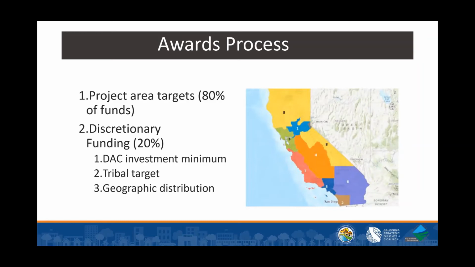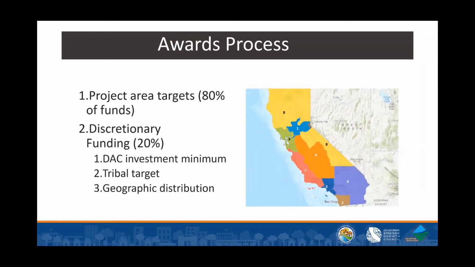These geographic targets are a pilot for this round and will be evaluated further in future rounds. The 8 geographies are based upon HCD's Regional Early Action Planning Grant allocations with some adjustments. Each of these 3 objectives within discretionary funds can be achieved in tandem, which means that a single project could achieve multiple objectives.